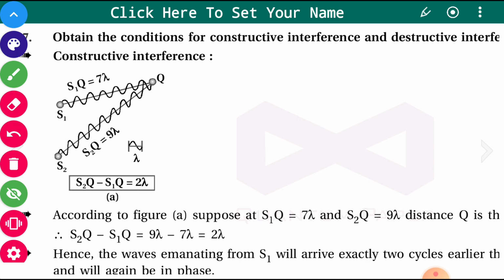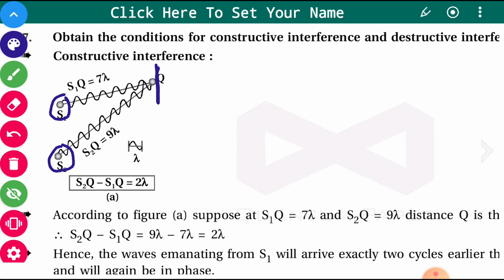This point S1 is the first source and this is the second source of wave. Now this point Q is the point where these two waves are getting superimposed.